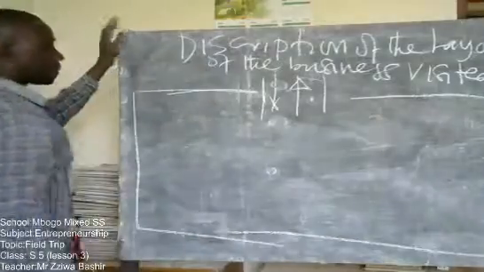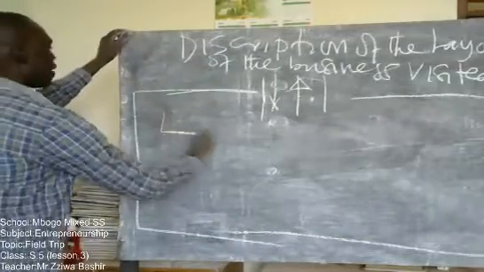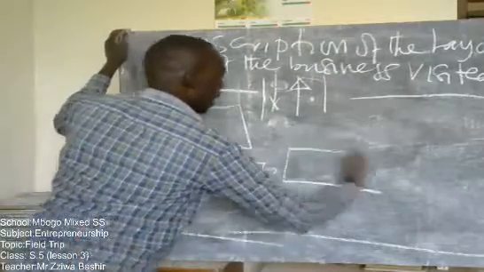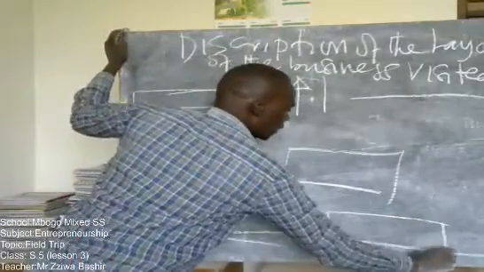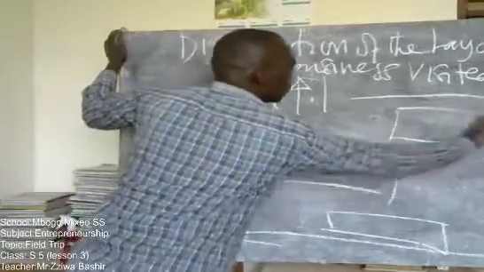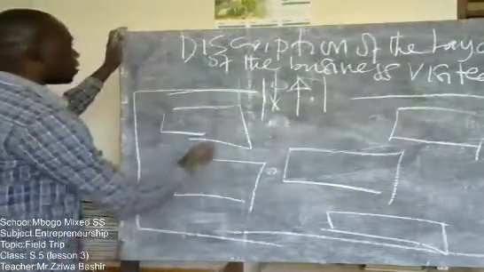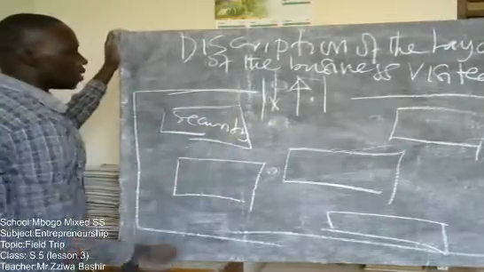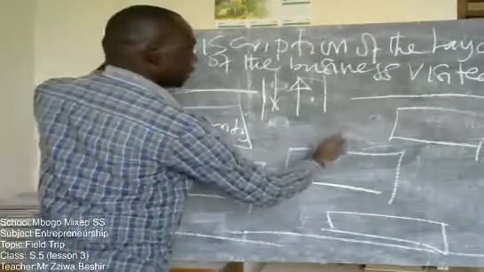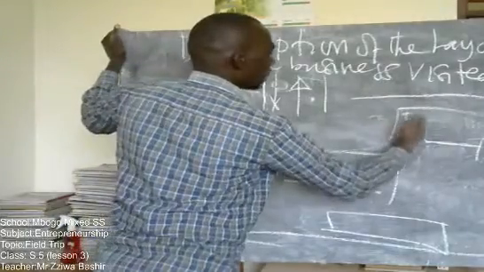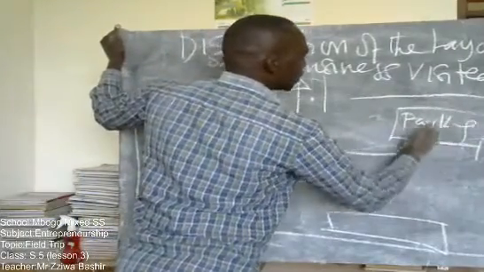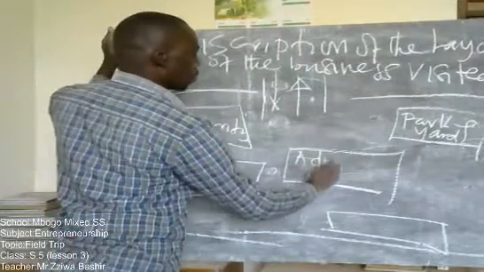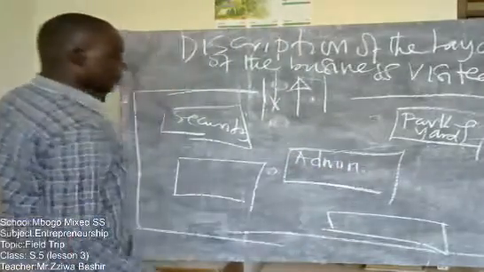We have different facilities here. This one can be the security checkpoint. Our parking yard, somewhere here. Then you can put administration block.